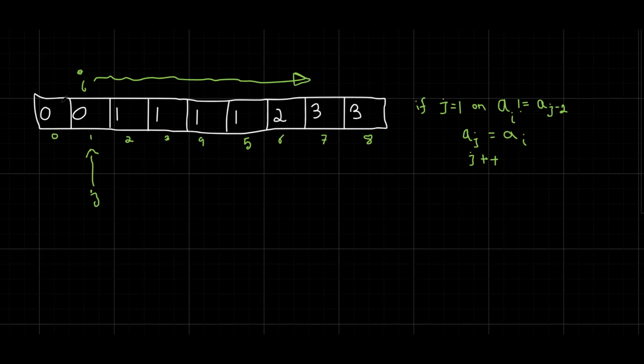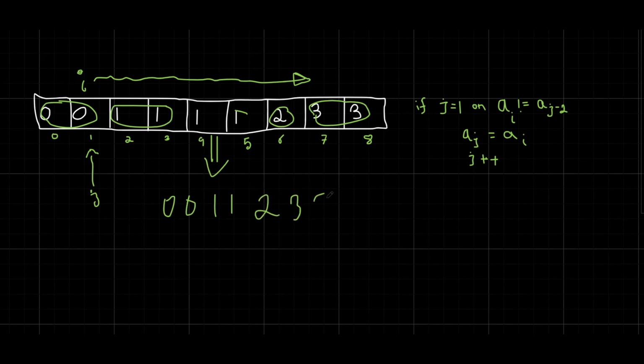So here, 0 appears 2 times, so we can keep them. 1 appears 4 times, but we can keep at most two 1s here. And 2 appears 1 time, so we can keep this single 2. And 3 appears 2 times, so we can keep these two 3s. So finally, this array will become 0, 0, 1, 1, 2, 3, and 3.